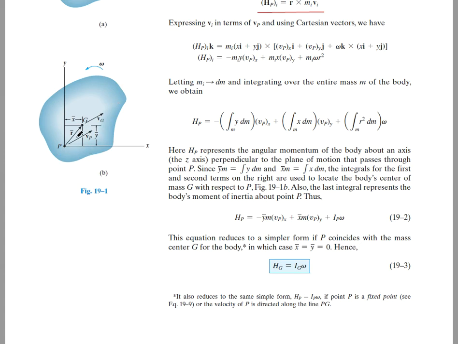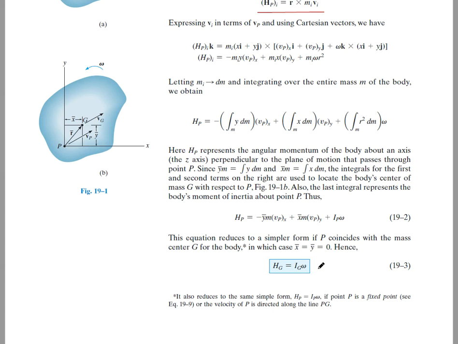If point P coincides with the center of mass of the body, then we get this simplified form. So angular momentum about the centroid is going to be the centroidal mass moment of inertia times omega of the body.